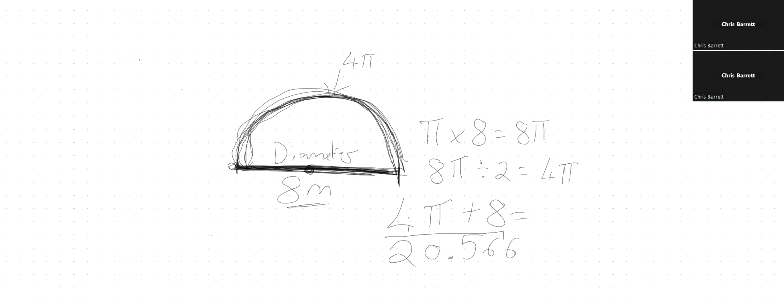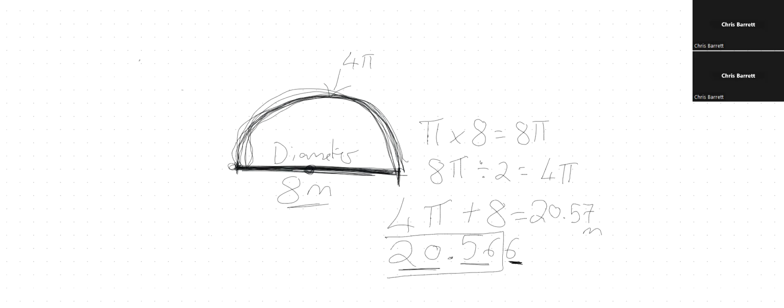Because this is a 6 here, it's going to have to be 20.57, and in this case, meters. So all the way along the straight edge and all the way around the arc is a total distance of 20.57 meters.